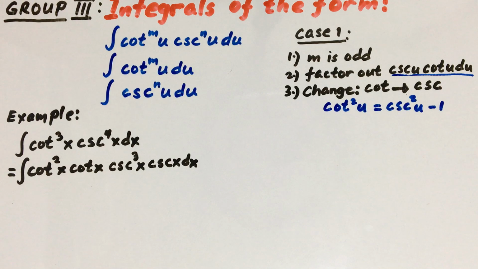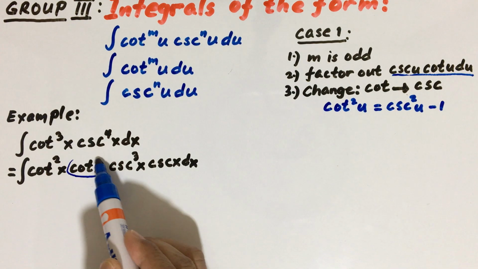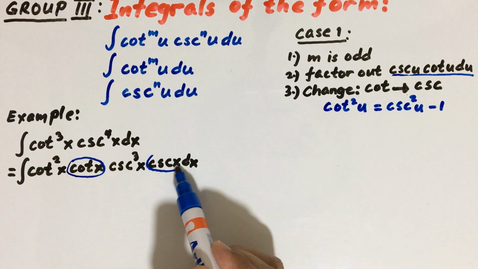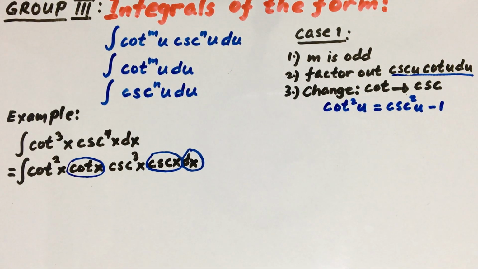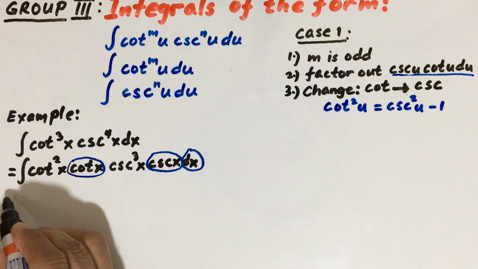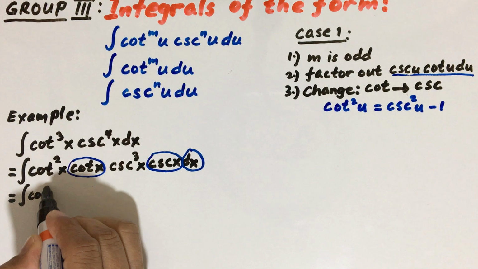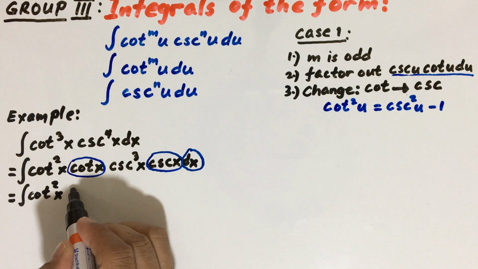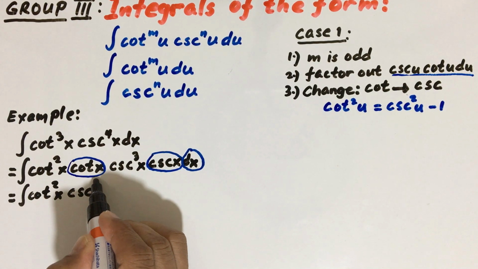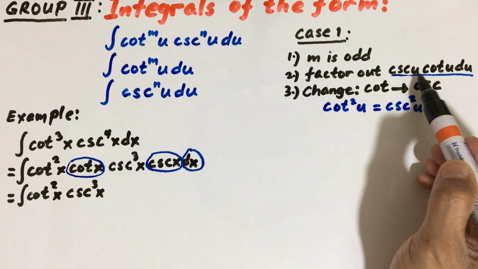This time we are going to combine so that we can factor out this cotangent x, the cosecant x, as well as the dx, and rearrange them because they're just products, so you can interchange their positions. We can rewrite this as the integral of cotangent squared x, times cosecant cubed x, then cosecant x cotangent x dx, to follow the format cosecant u cotangent u du.